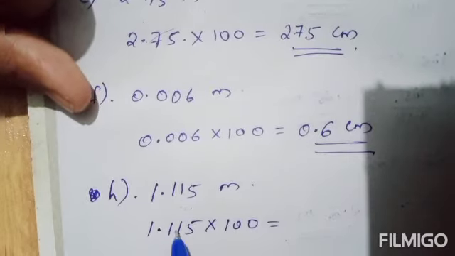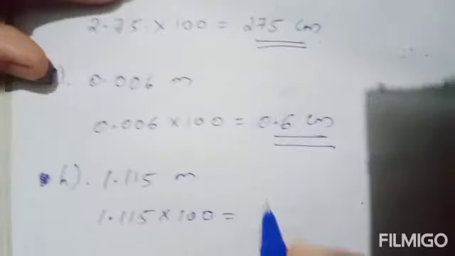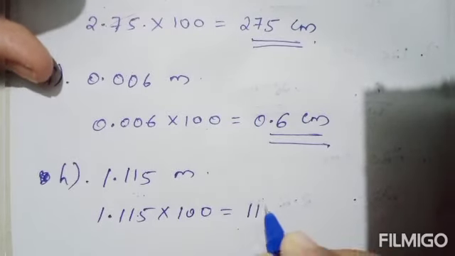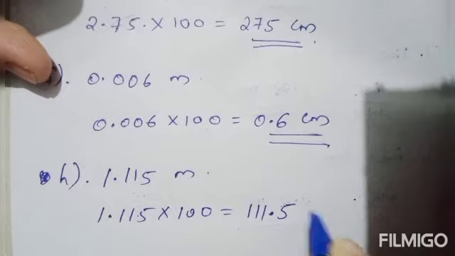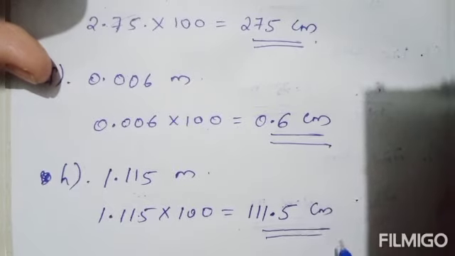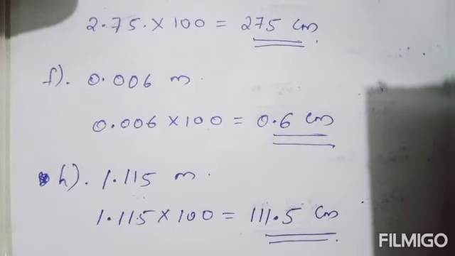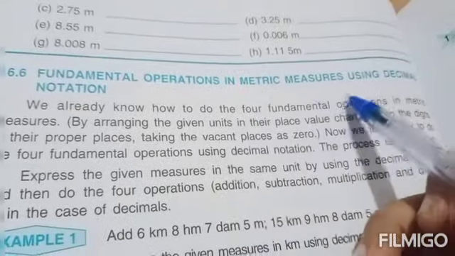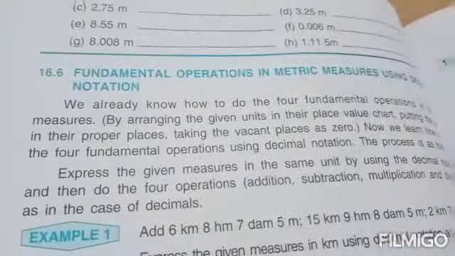So this is 1, 2. Here you will get the decimal point. That is, the answer will be 111.5 centimeter.